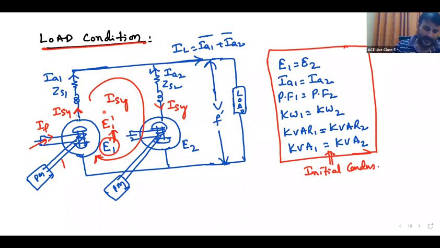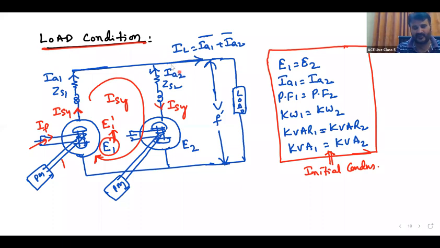See, this ISY is the reactive component, but it is aiding IA1. This IA may have two components. If your load is inductive, IA1 will have IA1 cos phi and IA1 sin phi. The second machine also has IA2 cos phi plus j IA2 sin phi.